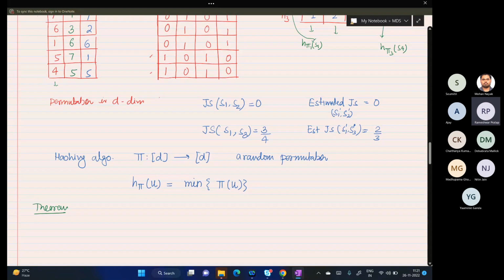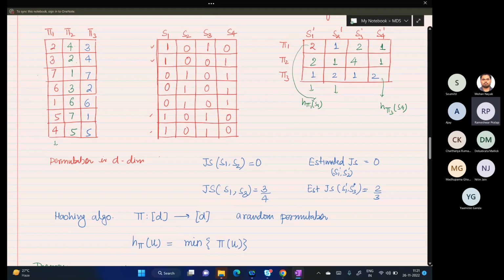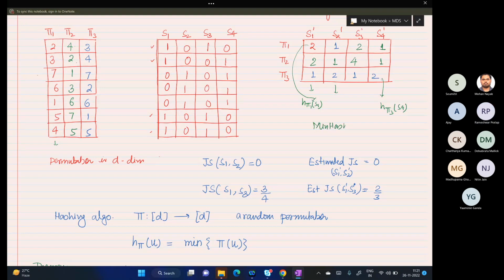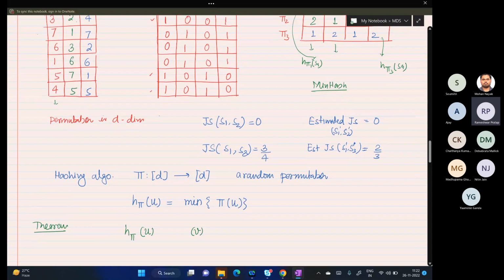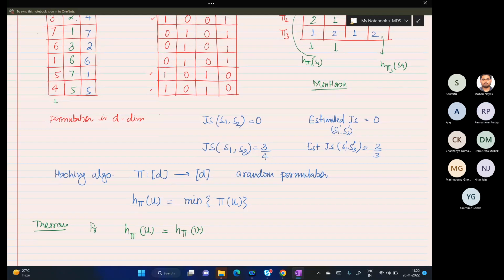So now, can you tell me the following? Suppose we take two sets, U and V, and we take a random permutation and calculate their corresponding minimum value. This is called MinHash. We calculate their MinHash values. So what is the probability that their hash value will be the same?